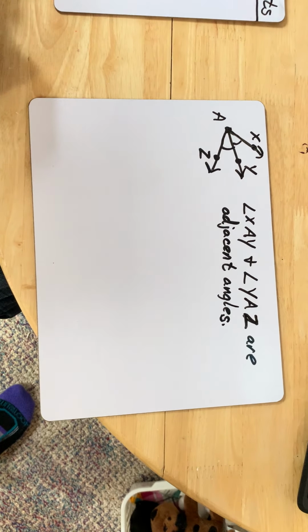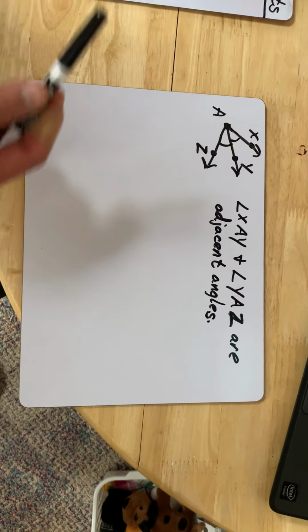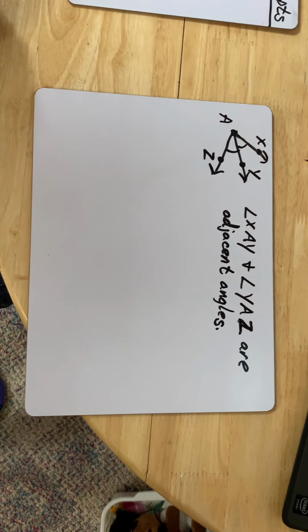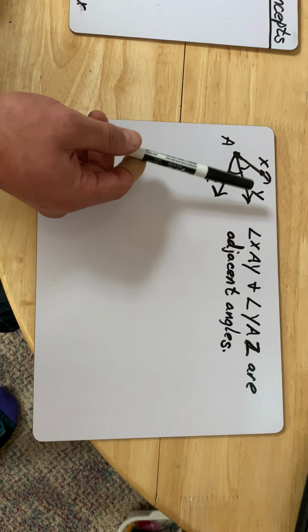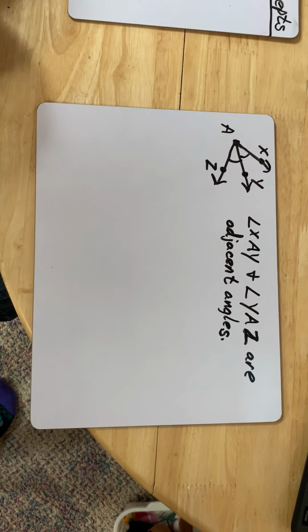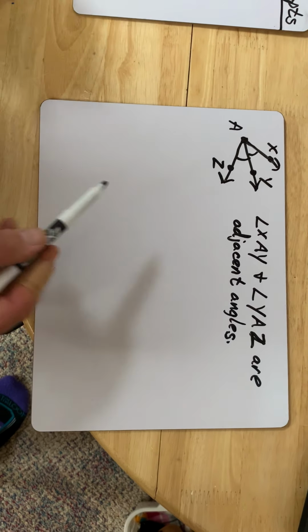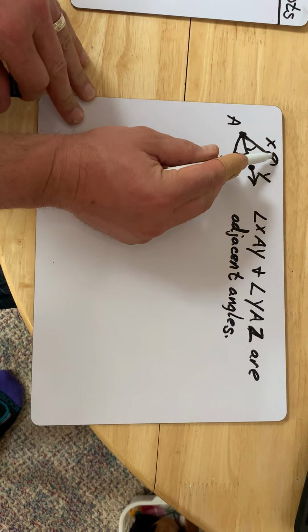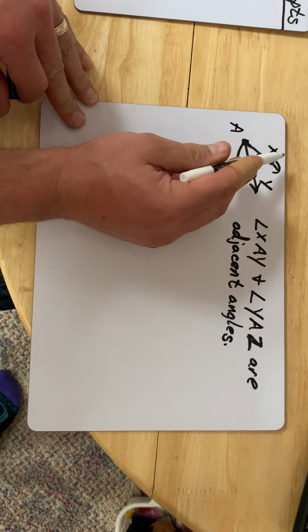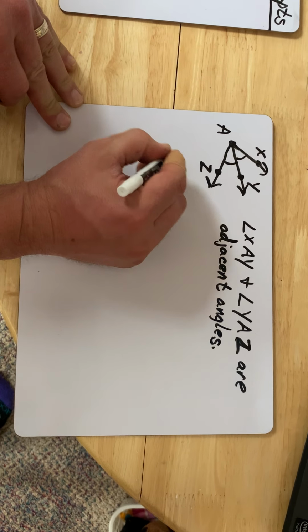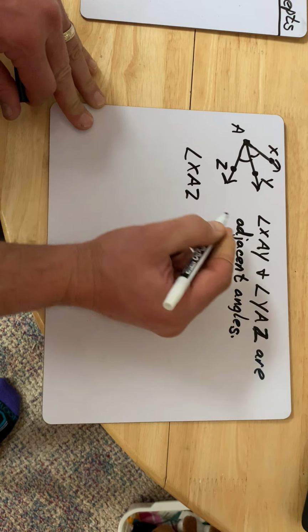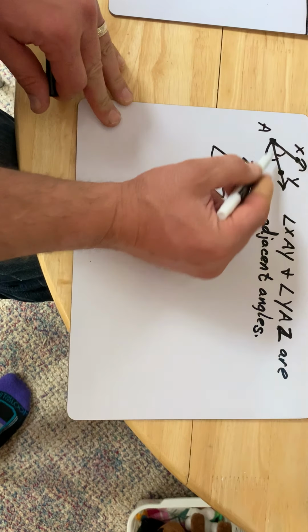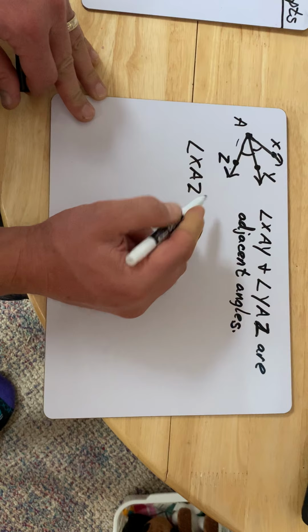It's like if you have 2 things and they add up to a whole, we can usually tell what one of the parts is. If we knew what one of the parts is, then I can find the other part. So, for instance, the big angle out here would be XAZ. Angle XAZ would be like the 2 angles added together.